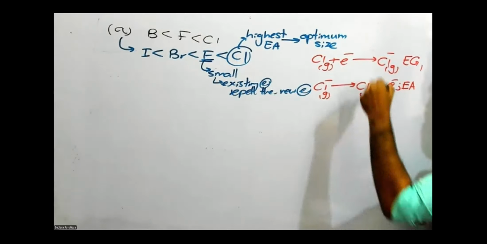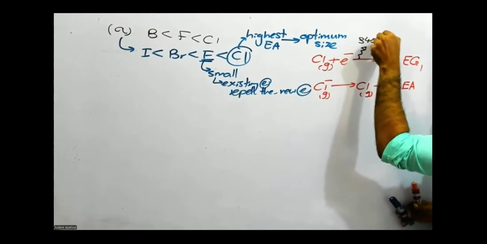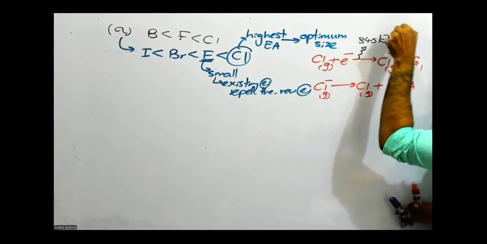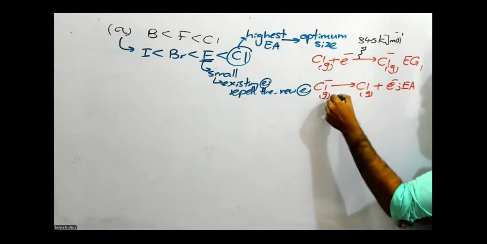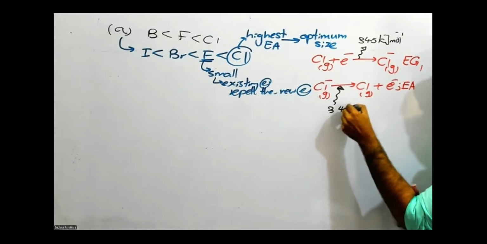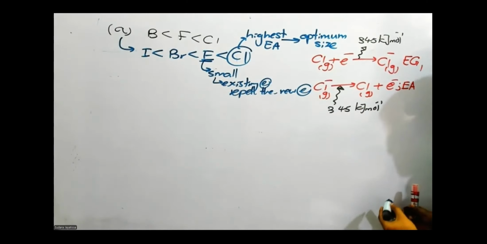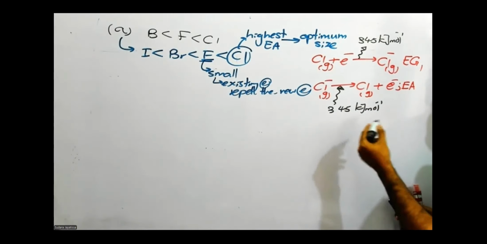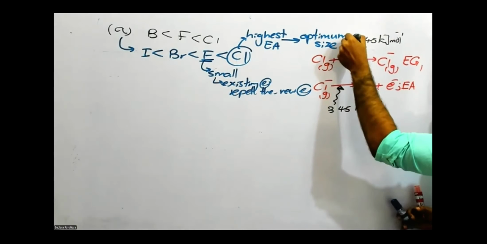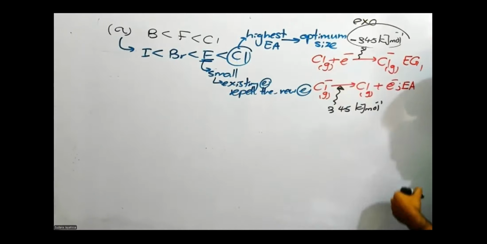So let's say during this reaction it releases 345 kilojoules per mole of energy. And in this process it will absorb 345 kilojoules per mole of energy. In the energetics lesson, which we will do later, we will understand that if energy is released, it is called exothermic, right?